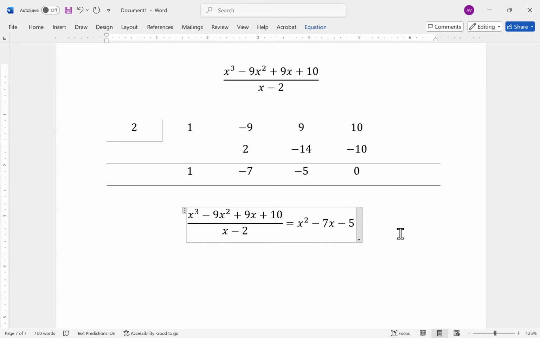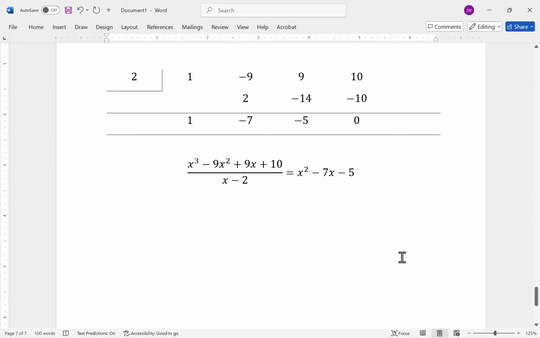That's like adding a 0 over x minus 2. 0 over anything is 0. So with no remainder, that means when I divide these two polynomials, I get out a resulting polynomial, which is a very nice situation.